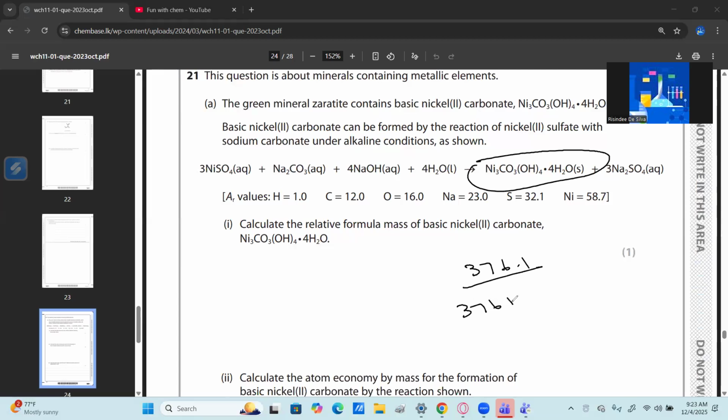That plus 3 into the molar mass of sodium sulfate, which is 3 into 142.1, into 100%. So you get it as 46.872%.